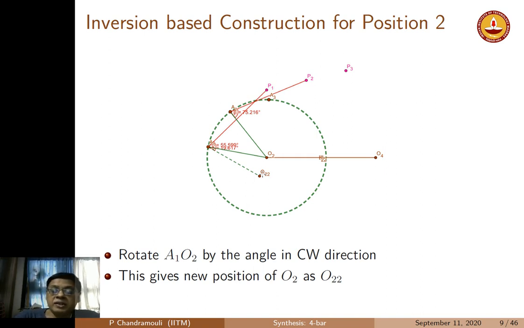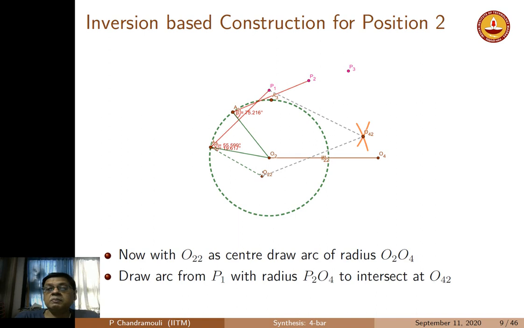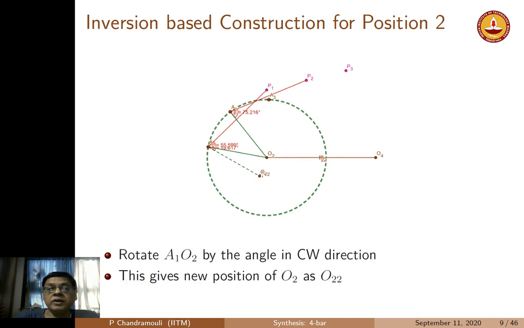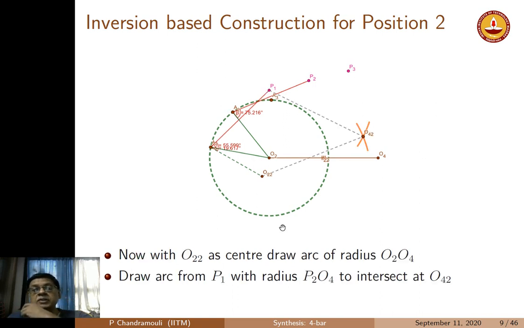So we do the same exercise, and now I got O22, by rotating A1 O2 by the angle so that this now mirrors the new increased angle in that second position. Now from O22 as center, we draw an arc of radius O2 O4.